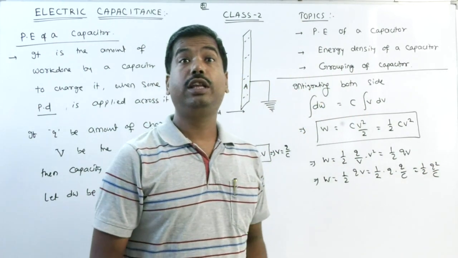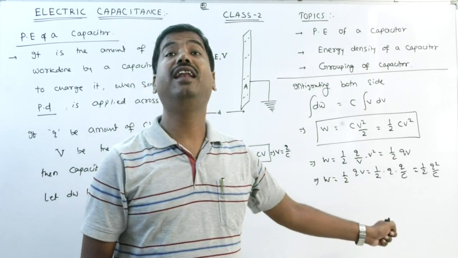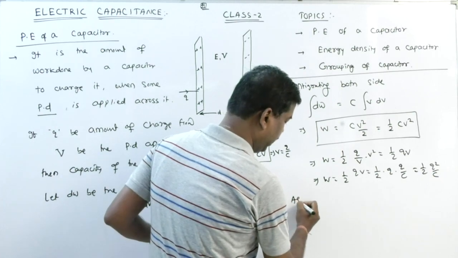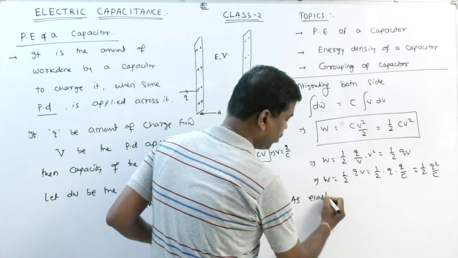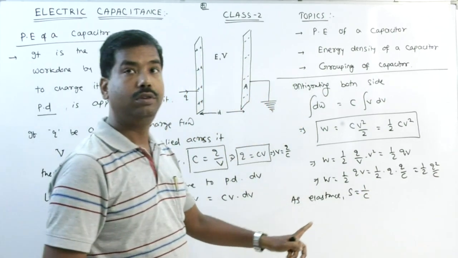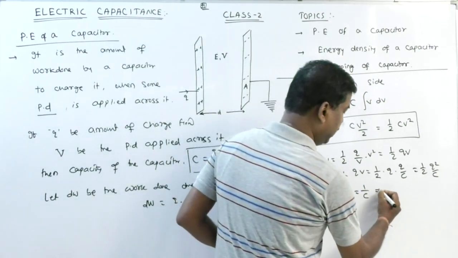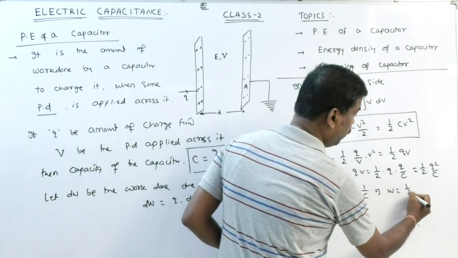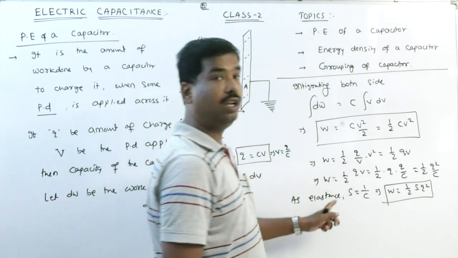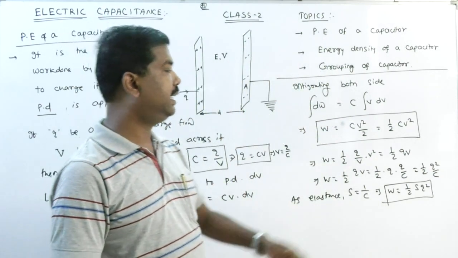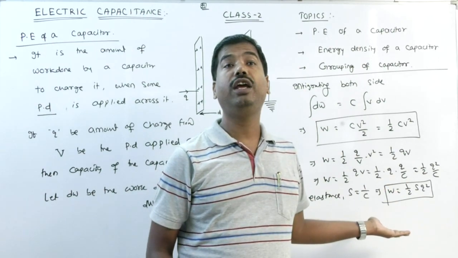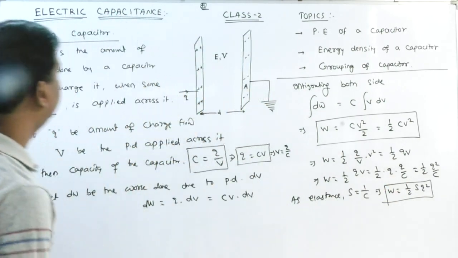As we know, the reciprocal of capacitance is elastance. Reciprocal of capacitance is called elastance, S is equal to 1 by C, which implies W is equal to half S Q square. Clear? So, this is a different form of the equation of the potential energy stored in a capacitor.